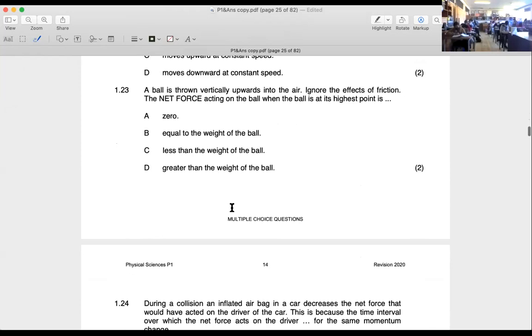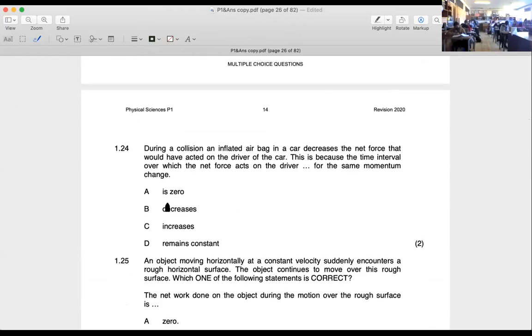Okay, let's look. Here's a collision question. 1.24. During a collision, an inflated airbag in a car decreases the net force that would have acted on the driver of the car. This is because the time interval over which the net force acts on the driver for the same momentum change is what?